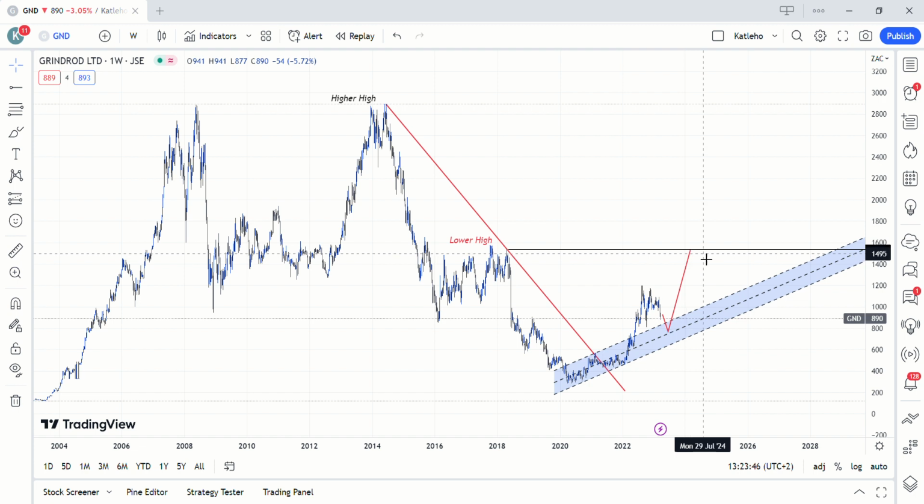We are having our next resistance area at 15 rand 30. So we are looking for the stock to bounce off these channel trend lines and then shoot up.